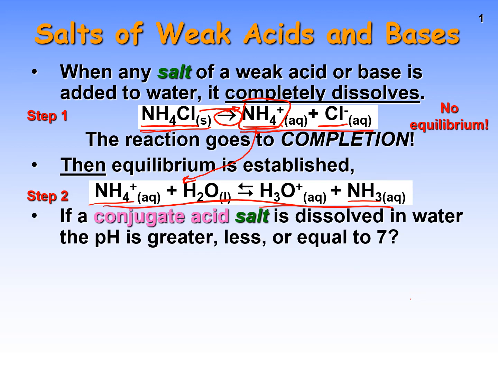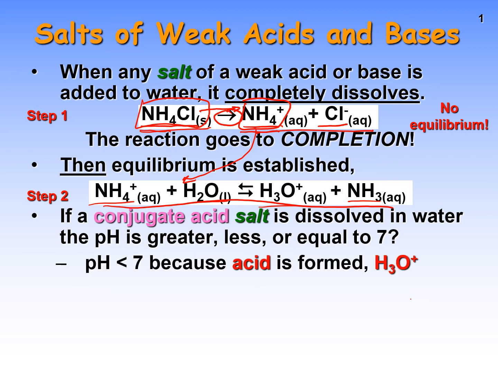So if a conjugate acid salt, meaning a salt that contains a weak acid, like NH4Cl, is dissolved in water, the pH is going to be greater than, less than, or equal to 7. Well, it has an acid in it, right? So it's going to be less than 7, because we're going to form H3O+ due to this equilibrium here.